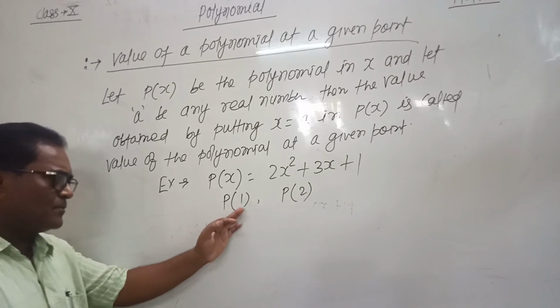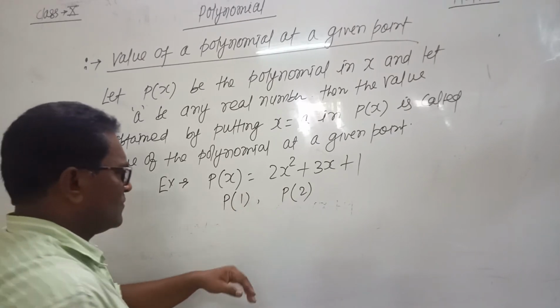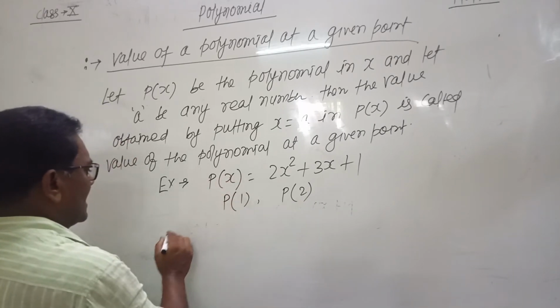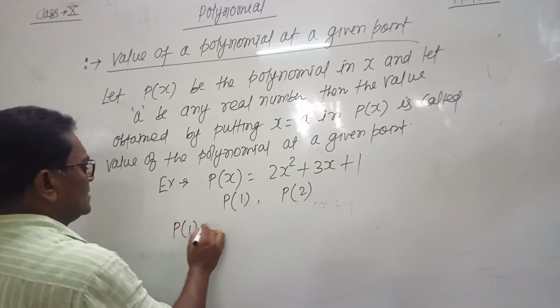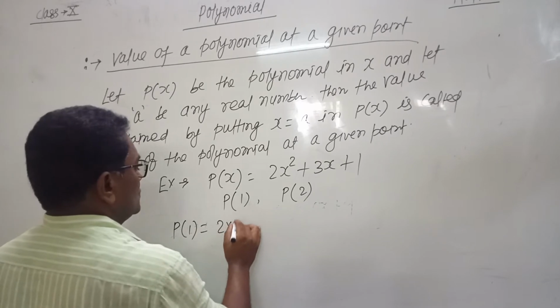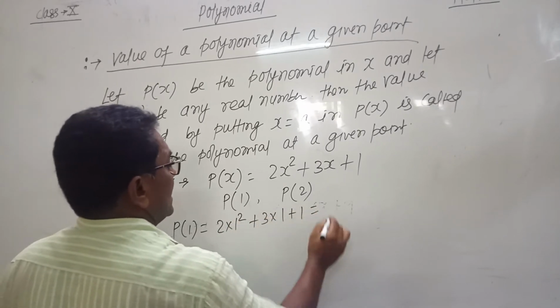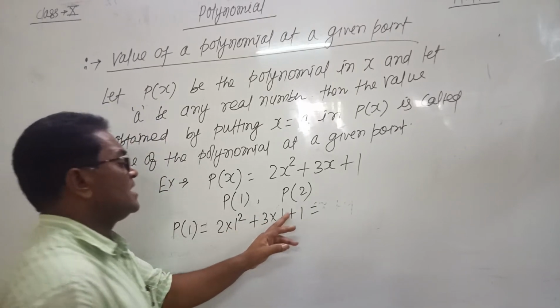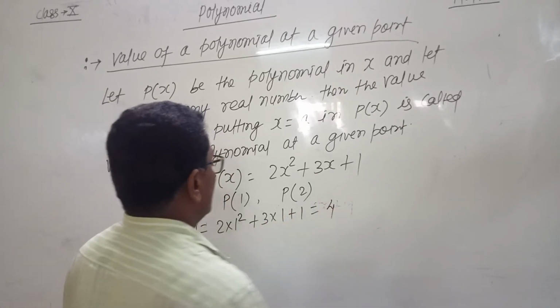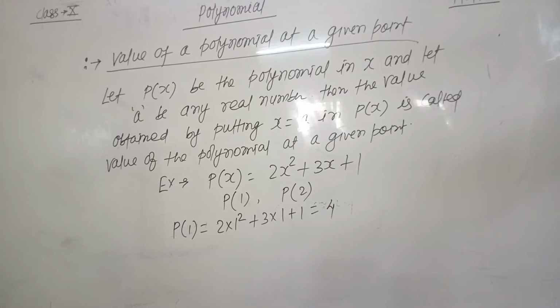For P(1), we put x equals 1. So P(1) equals 2 into 1 square plus 3 into 1 plus 1, which is 2 plus 3 plus 1, that is 6. So the value of the polynomial at point 1 is 6.